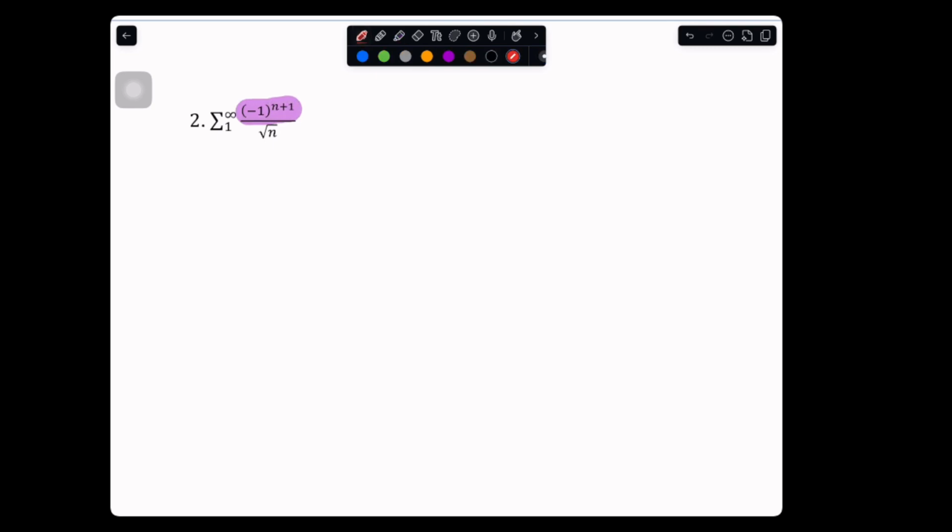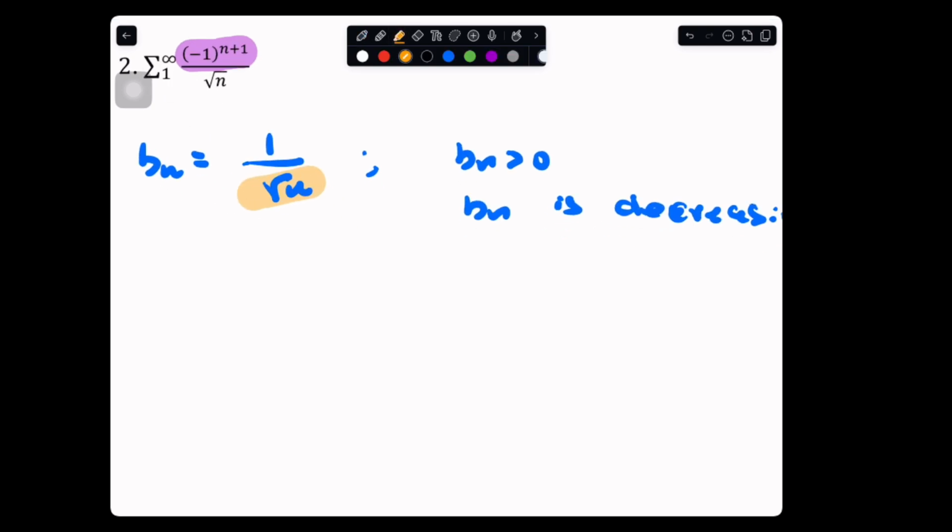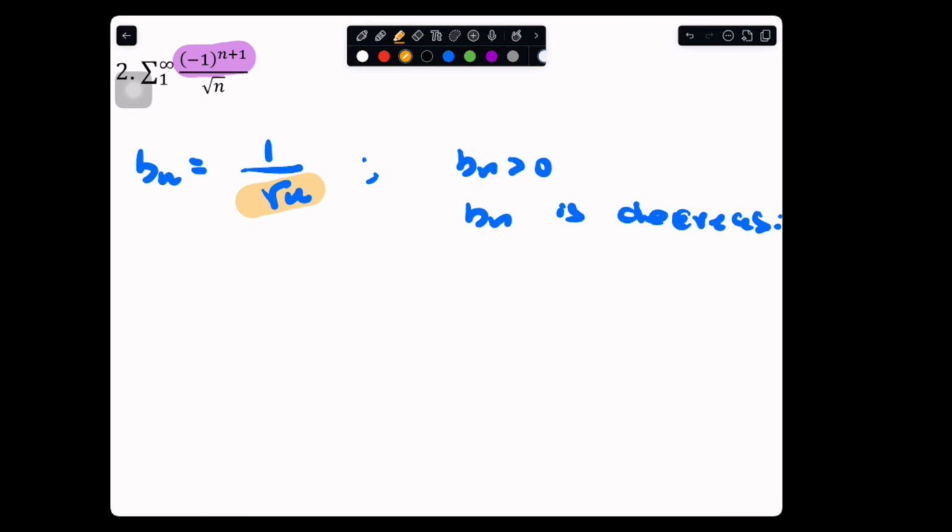What do we know about this? That's alternating, is that right? So what's our Bn? Okay, isn't Bn positive? Yes. And Bn is decreasing. Is that true? Do you guys know how we can see how that's decreasing? Isn't the square root of n increasing?